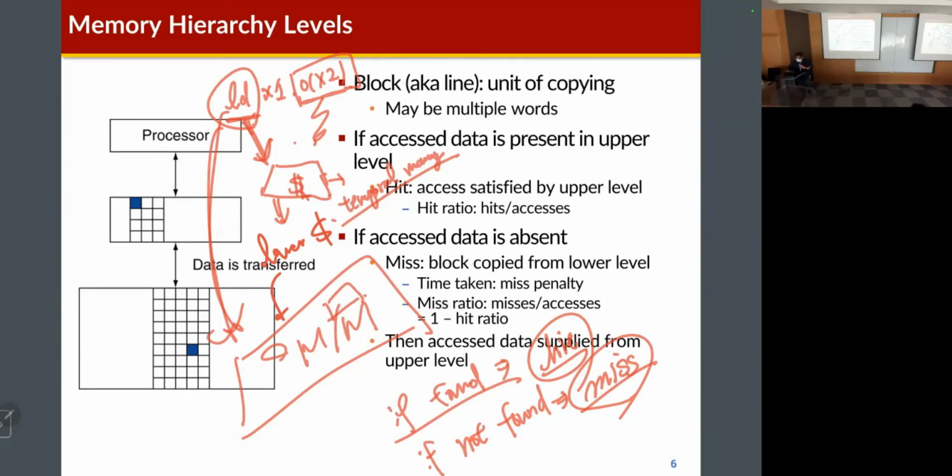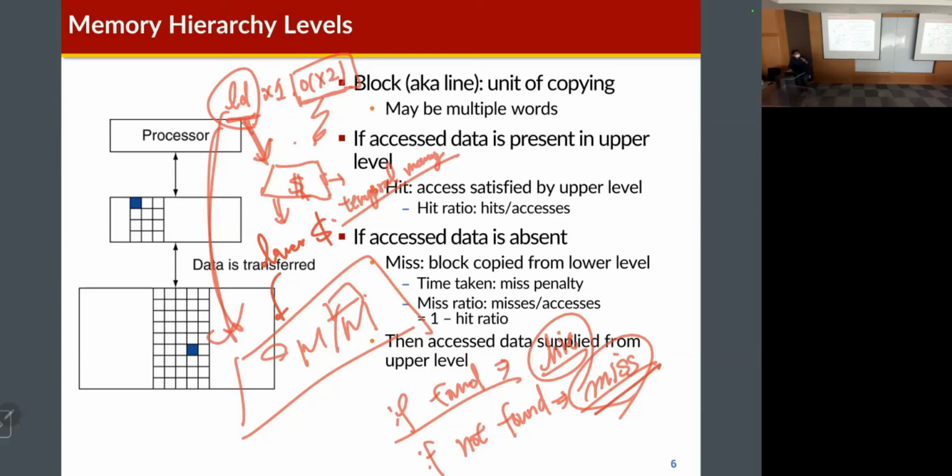So this means that a processor accesses a certain level of memory for the requested data, but this requested data is not found. In this case, we need to access the lower level memory to find the requested data. Okay, this is the miss.